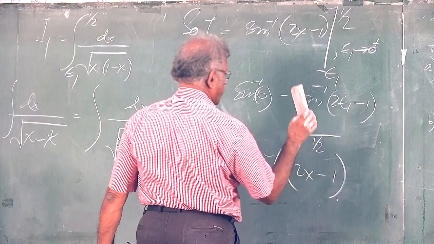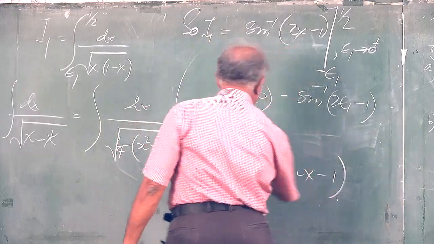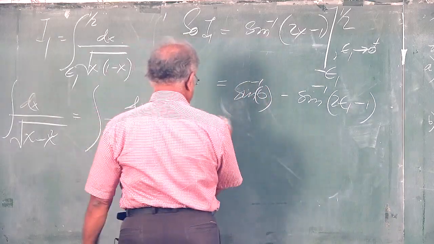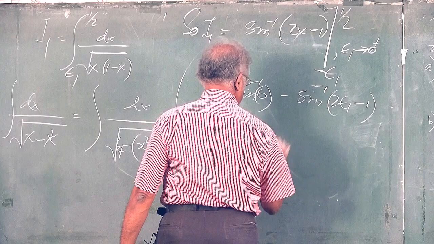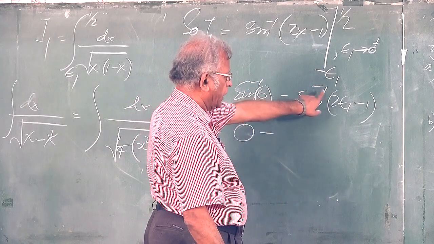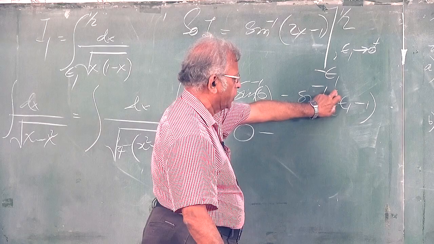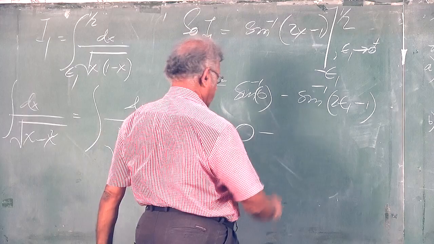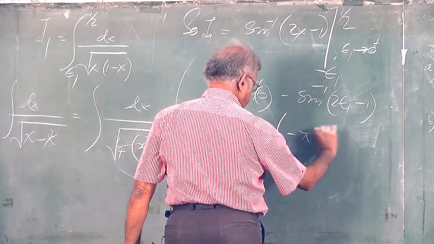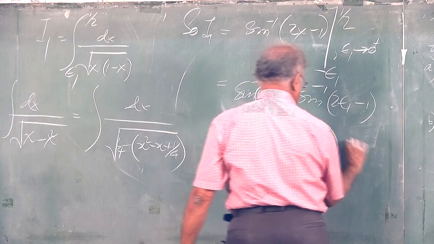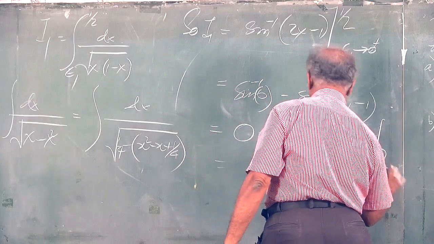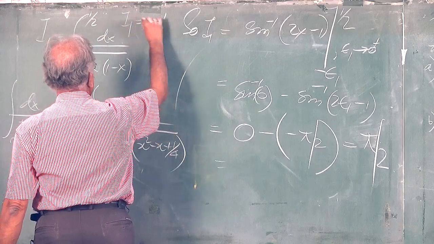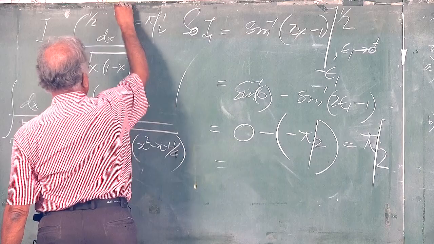Keeping in mind that epsilon 1 tends to 0 from positive values, sine inverse 0 is 0, minus sine inverse minus 1, which is minus pi by 2. So minus of minus pi by 2 is pi by 2. We trap that result: I1 is equal to pi by 2.